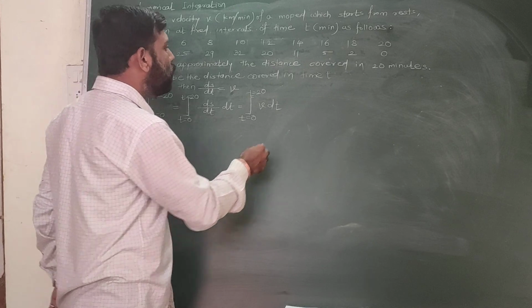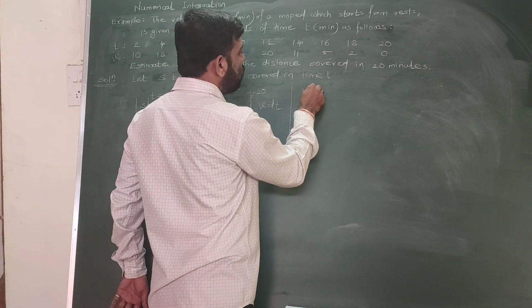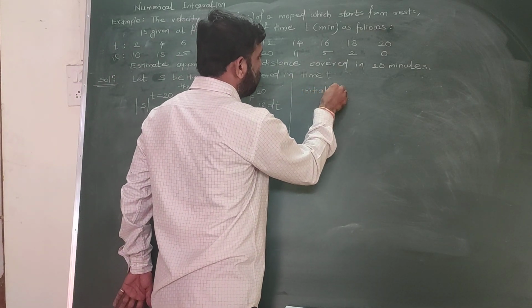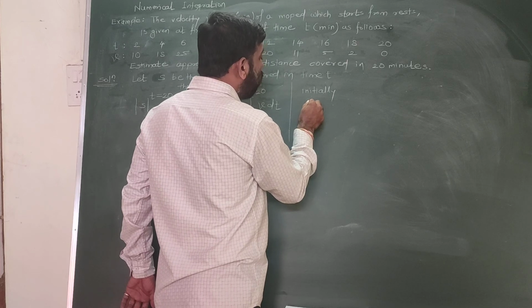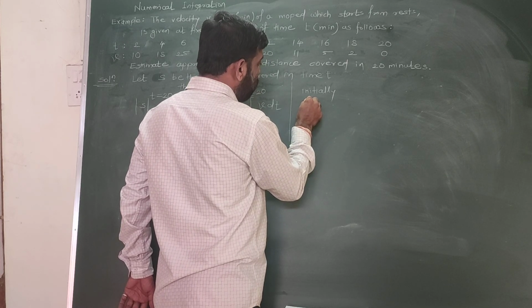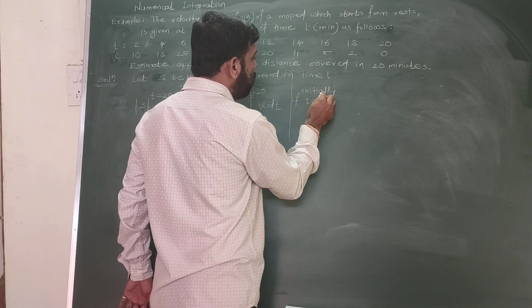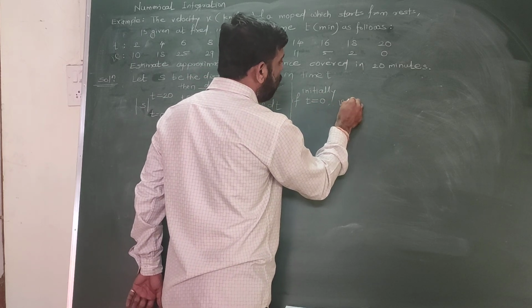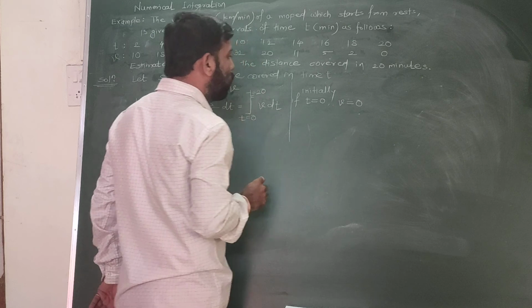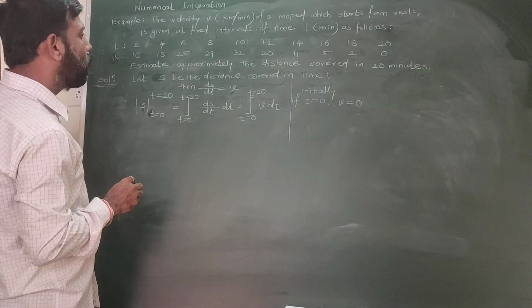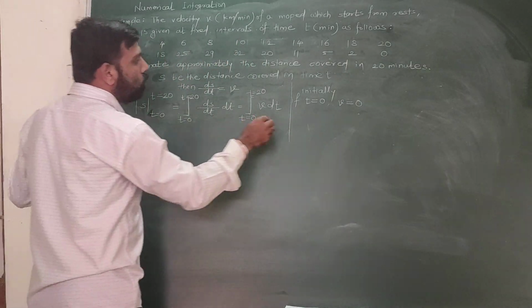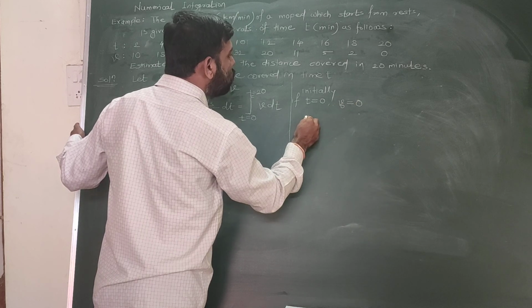Now here, initially if time t equals 0, then velocity is also 0. So this becomes our v0 value.